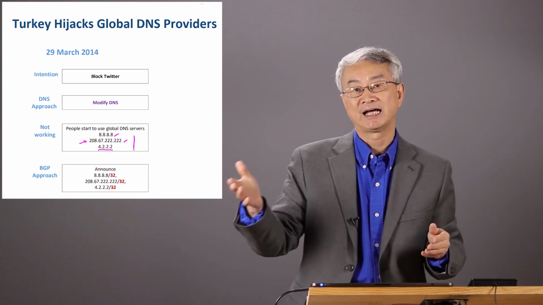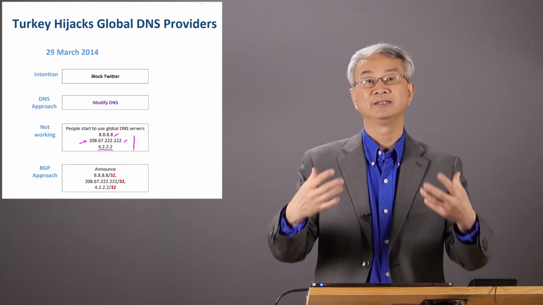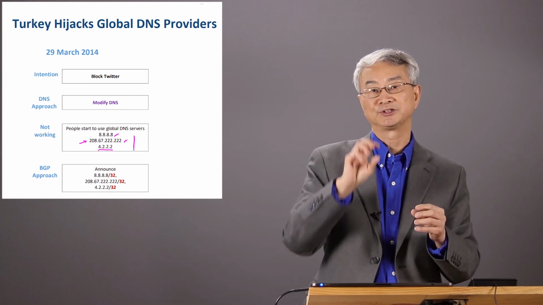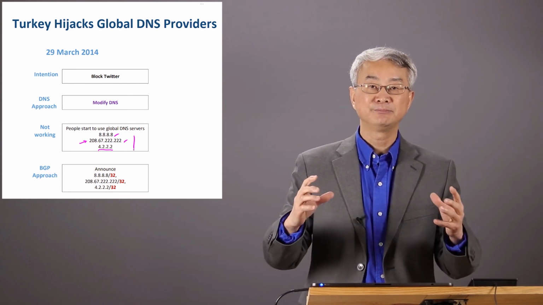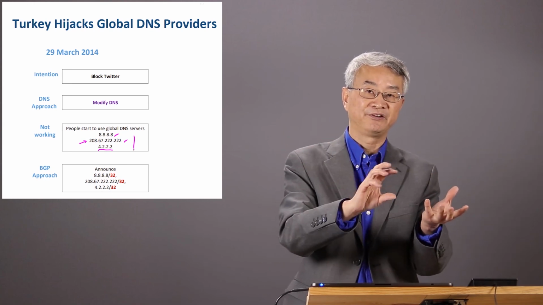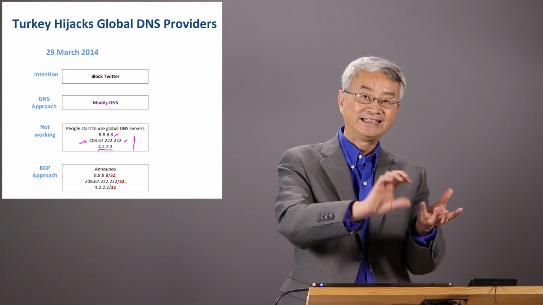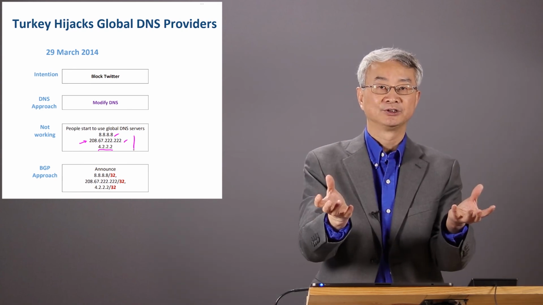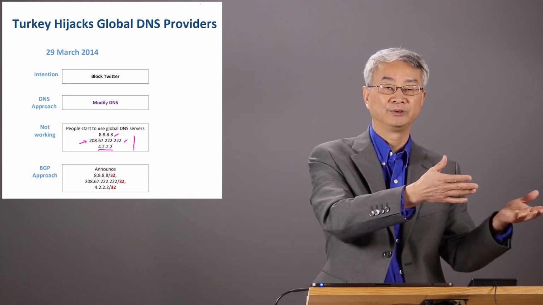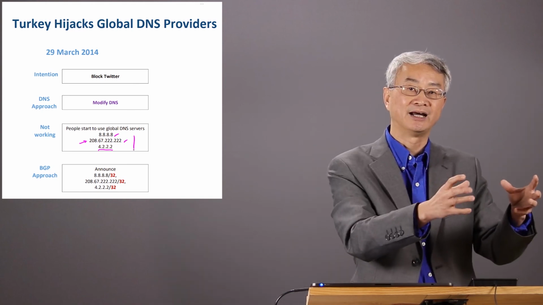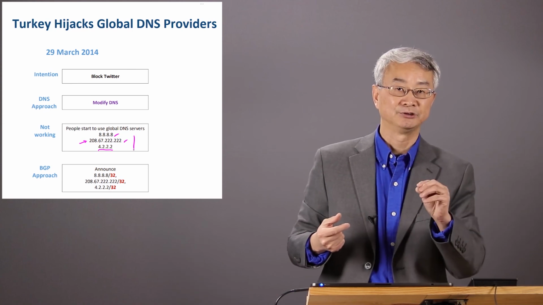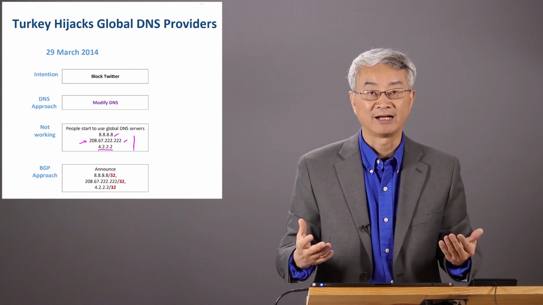Now, instead of setting up a firewall to block that, the government decided to use BGP to hijack those networks. And similarly, the idea was to announce those hijacked network prefixes to the inside of Turkey. So they would redirect the traffic to the autonomous system that actually announced this fake prefix. That was the intention, but somehow that didn't work out that way.